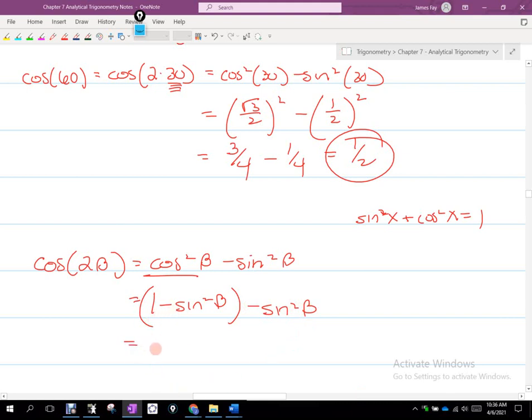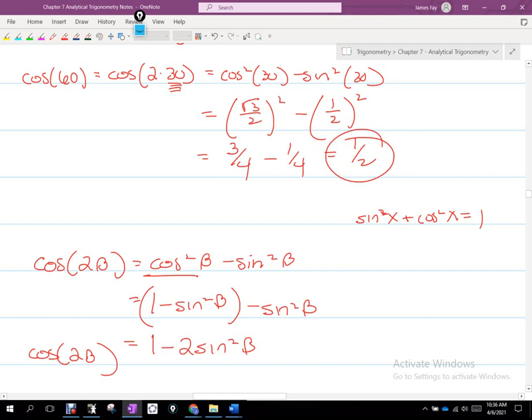And what's that going to turn into? Is that 1 minus 2 sine squared betas? So now we can write that. So now here's the question. You could say, well, now I can figure out what the cosine of 60 is if I only know what the sine of 30 was. You know sine of 30 to be what?